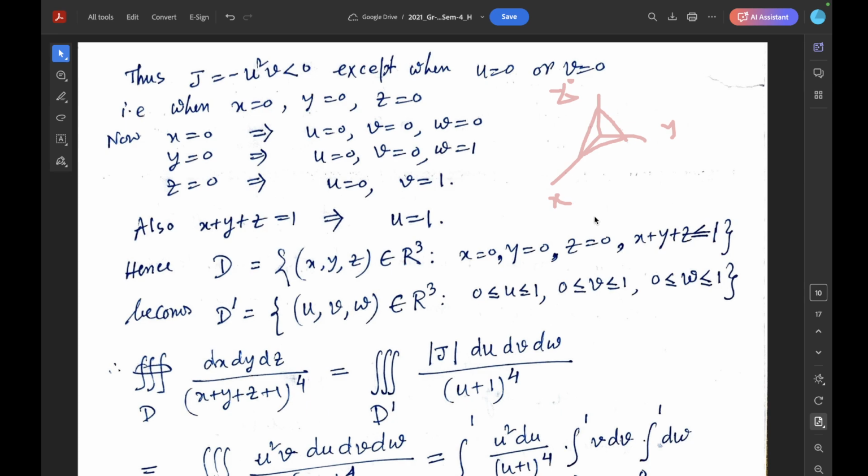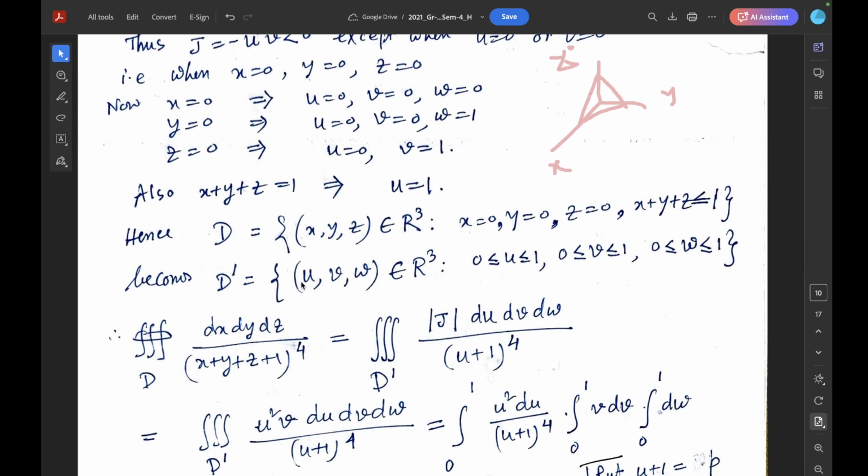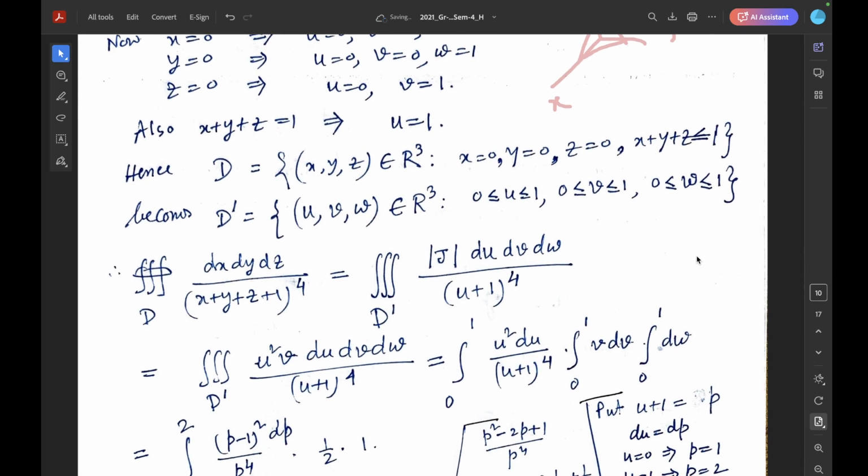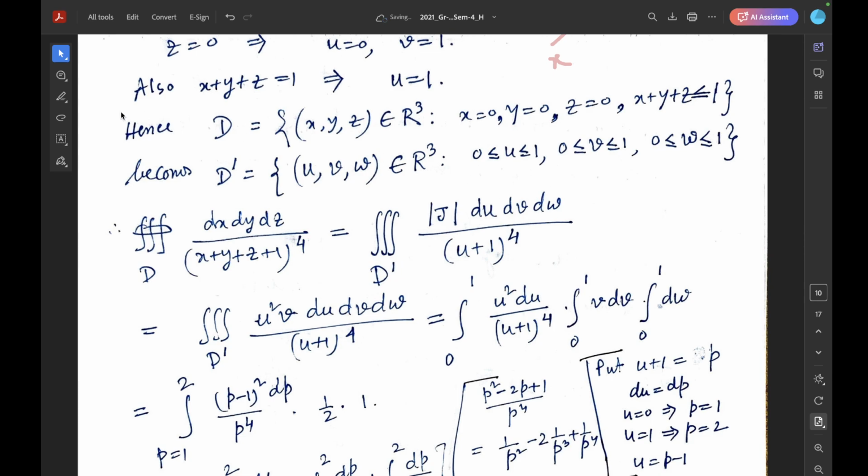And this plane x plus y plus z equal to 1 becomes D dash in the uvw plane, and this region is 0 less than or equal to u less than or equal to 1, 0 less than or equal to v less than or equal to 1, and 0 less than or equal to w less than or equal to 1. Actually in the uvw plane this forms a cube.